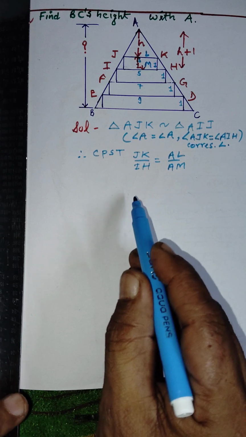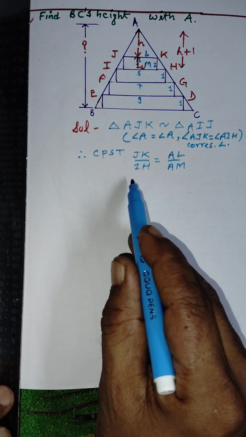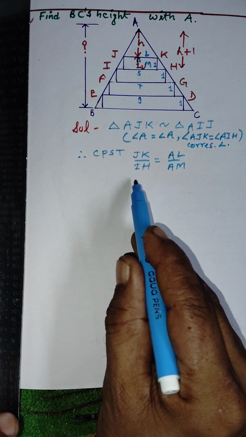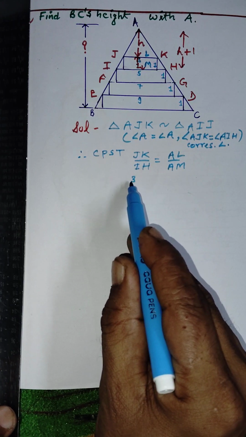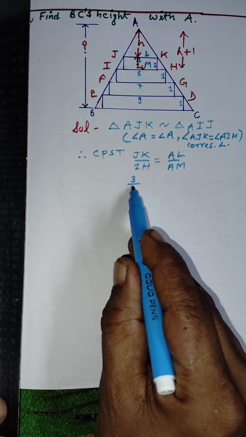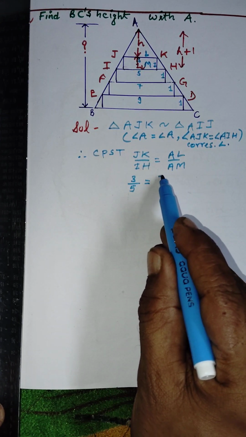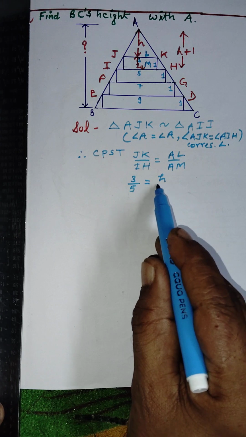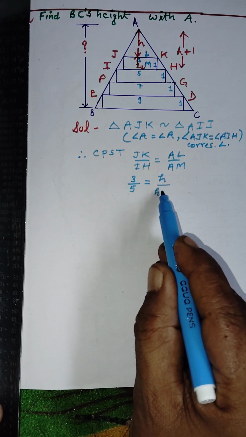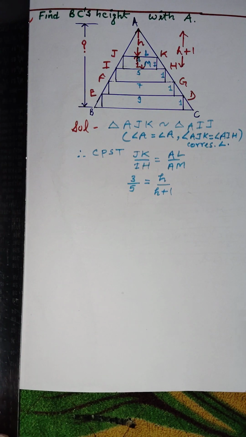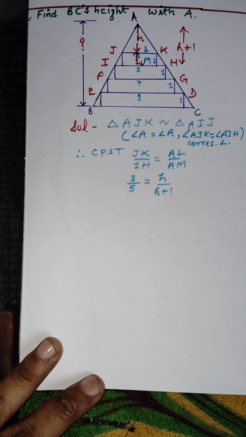So we plug in the values. JK is 3, IH is 5, AL is H, and AM is H plus 1.